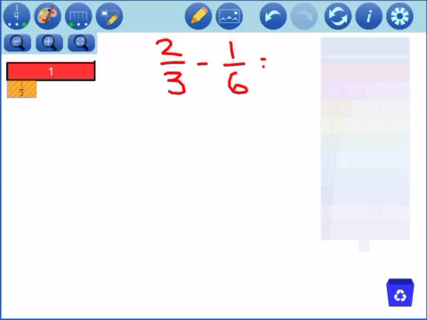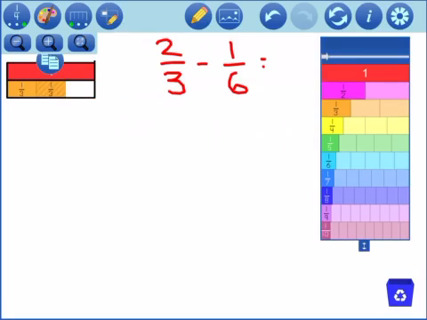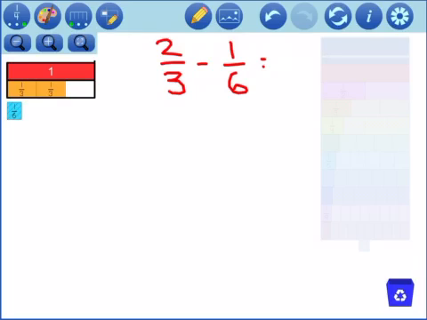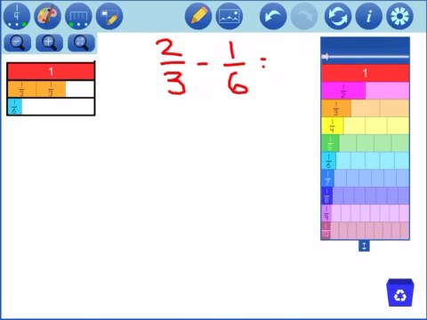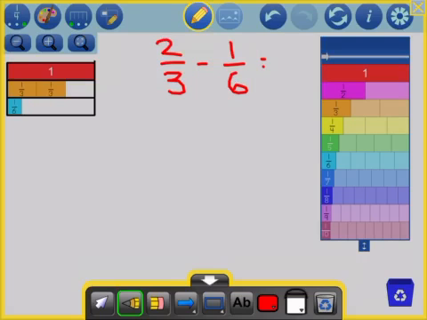I'm going to pull out 2/3. There's 1/3. And there is 2/3. And I am taking away 1/6. So now I need to find out what will fill this remaining space. Okay, what is the difference between 2/3 if I've already taken a 1/6 away?